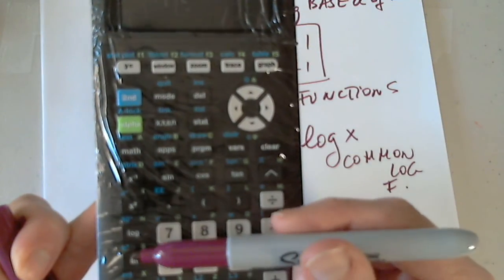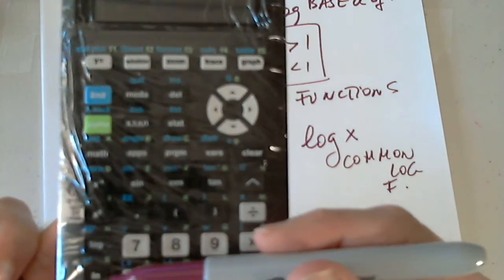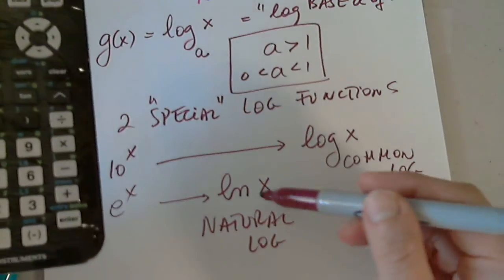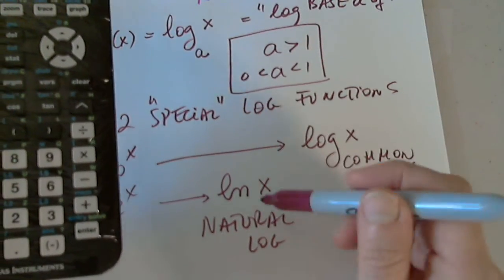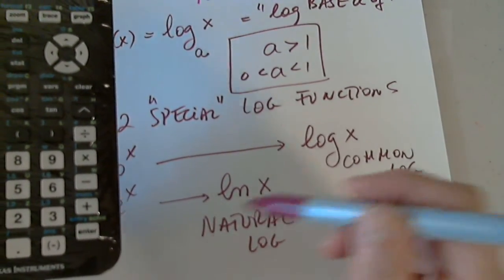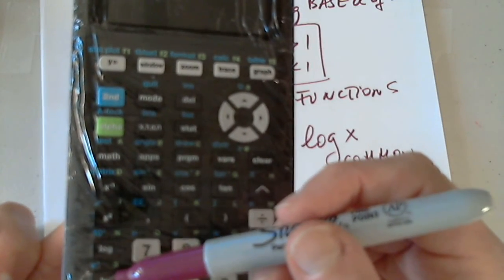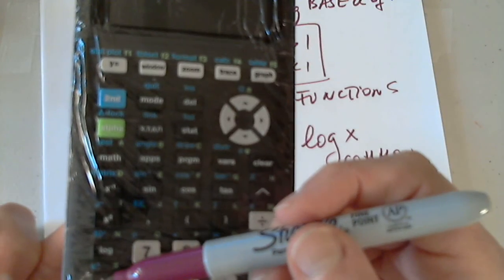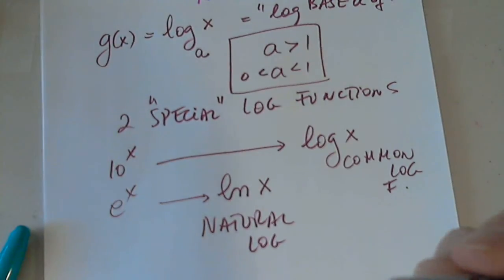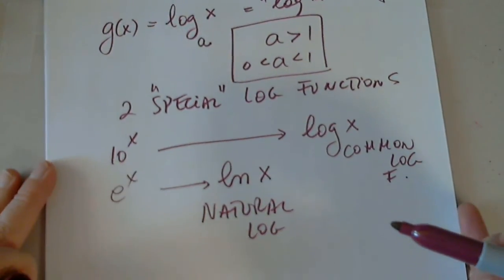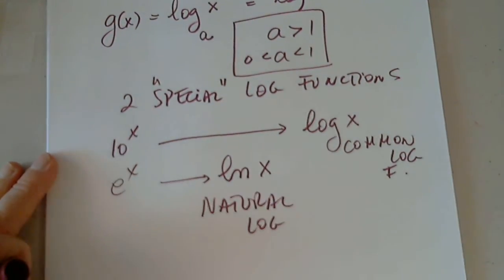Well, the base is e. e to the x and ln. It comes from German, that's why it's ln instead of nl. So it's natural log. It has base e. The two are paired because they have the same base, e to the x and ln. Both base e. So these are the two special ones.